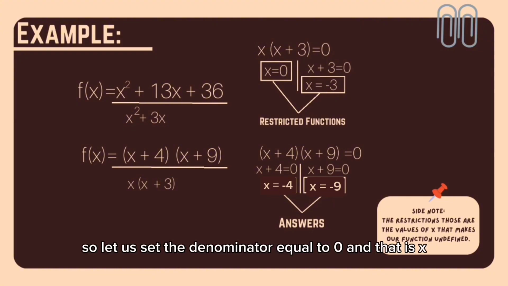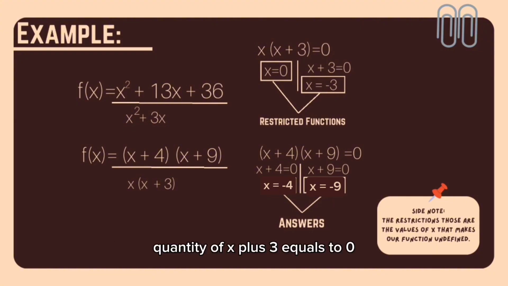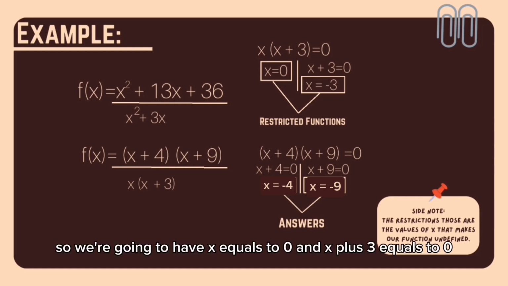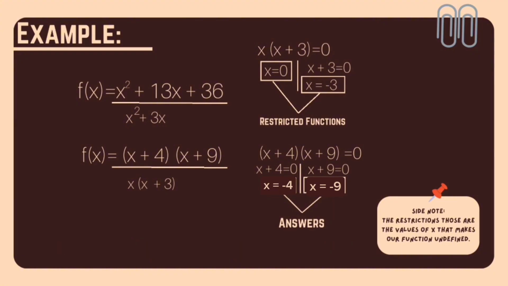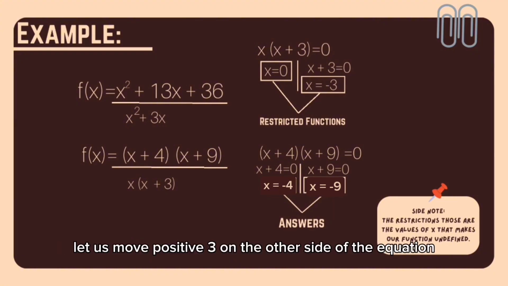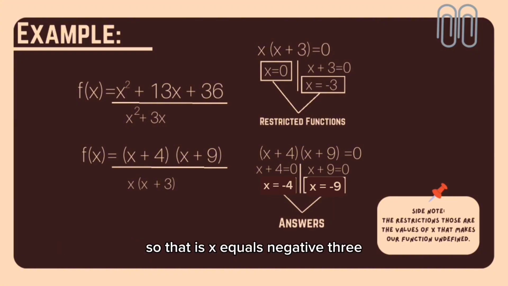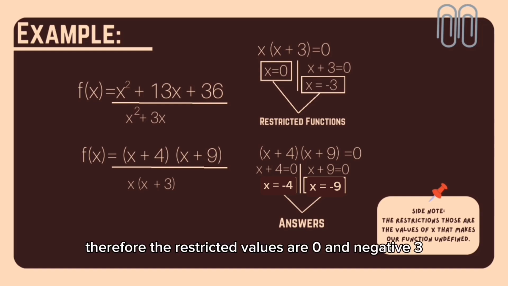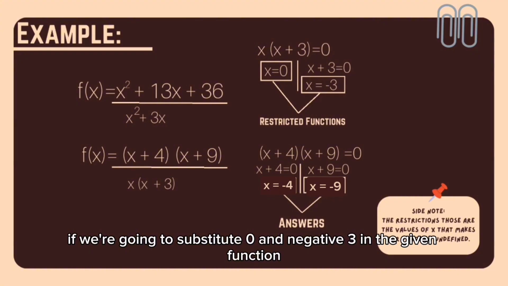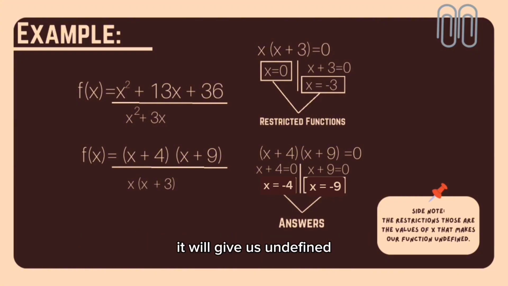So let us set the denominator equal to 0, that is x times the quantity x plus 3 equals 0. So we have x equals 0 and x plus 3 equals 0. Let us move positive 3 to the other side of the equation, so x equals negative 3. Therefore, the restricted values are 0 and negative 3. If we substitute 0 and negative 3 in the given function, it will give us undefined.